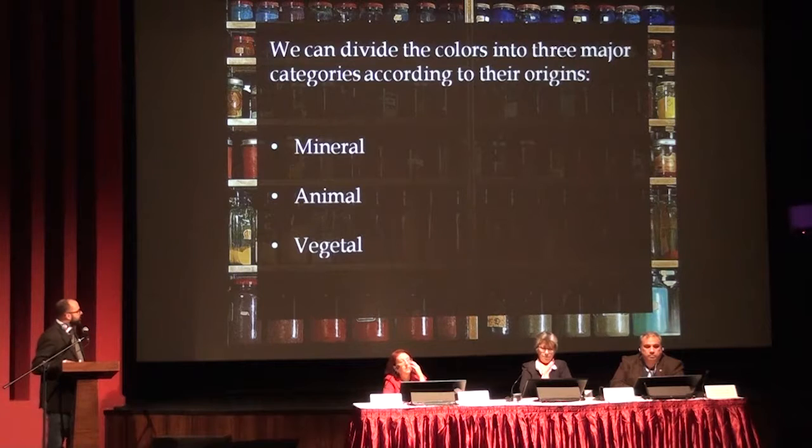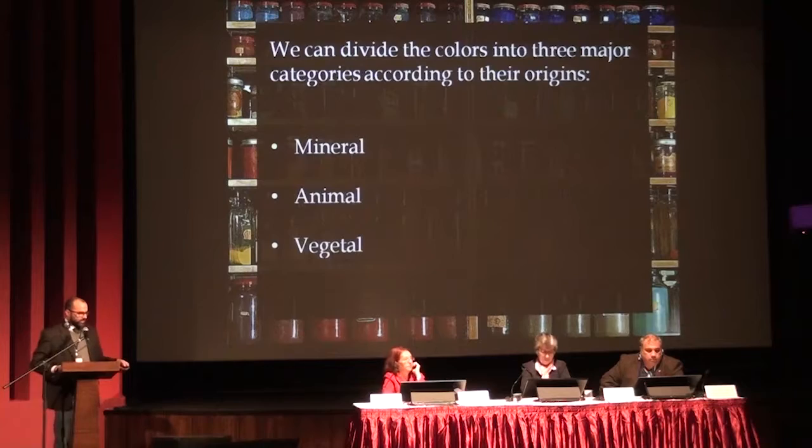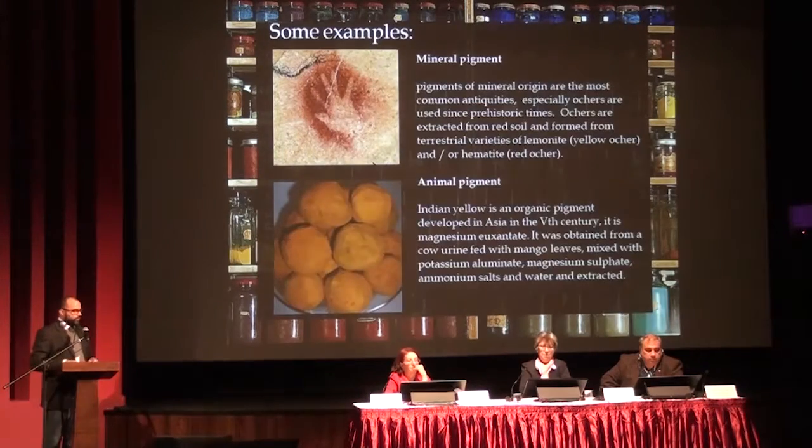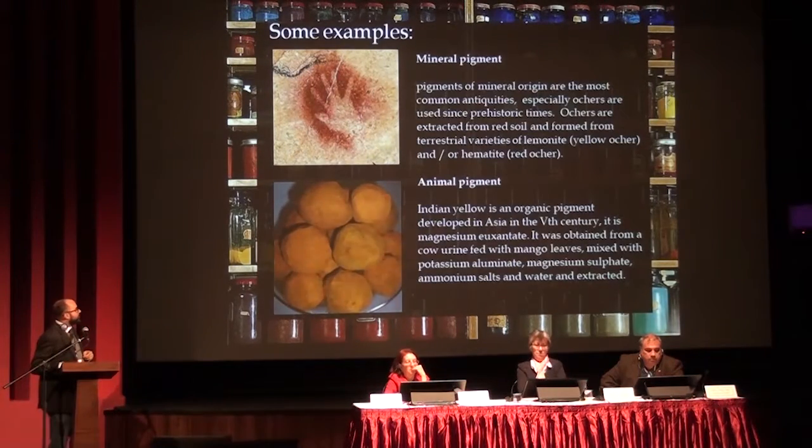We can see from its origin they are made of mineral materials, animal materials, or vegetal materials. For three examples. From the mineral family, we have, for example, the ochres. The ochres have been used since the past, in prehistoric times, and are very, very widespread. It's based on ferrous oxide.